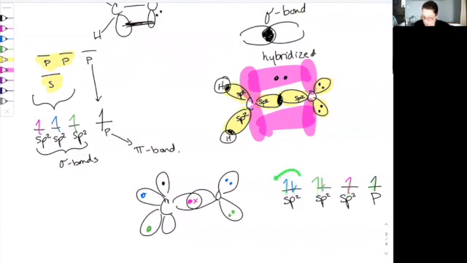One pair of electrons is this blue lone pair. One pair is this green lone pair. The pink one right here is being used to make this sigma bond, which leaves this black one left over in a p orbital. So here's that giant p orbital that has the 1 black electron in it.